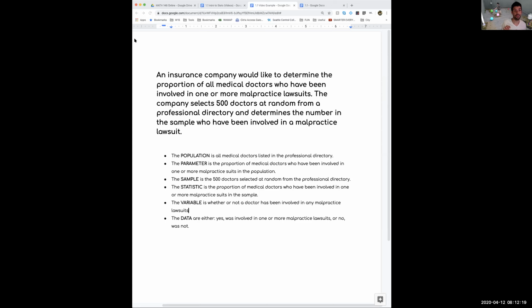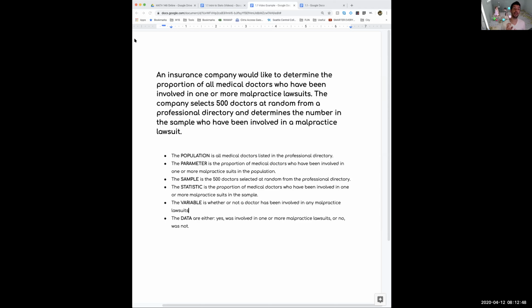And the statistic, right, is the same as the parameter. It's a number that represents something about a property or characteristic, but instead of the population, it's of the sample, right? So let me say that again. The parameter is a number that represents something about the population, a characteristic about the population. A statistic is a number that represents a characteristic of the sample.